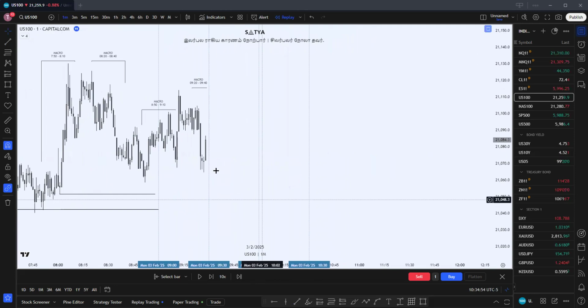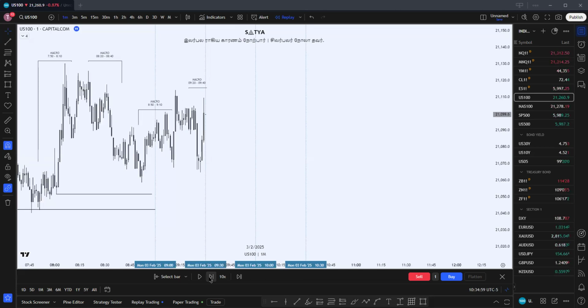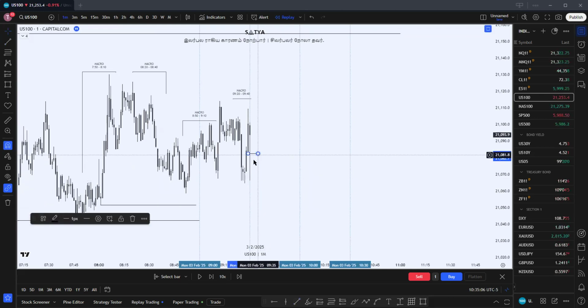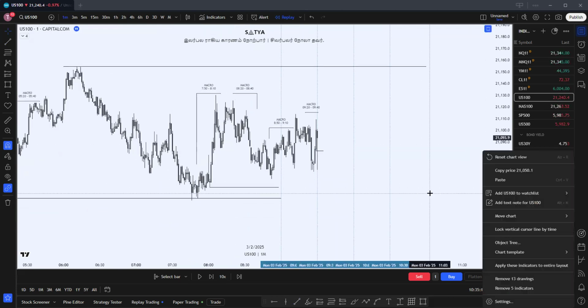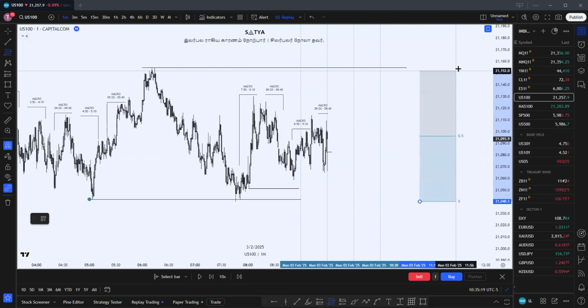See, 9:28, 29, 30. See, there is a manipulation. It respects the FEG. Then comparing this range, see, this is the range low and this is the range high.